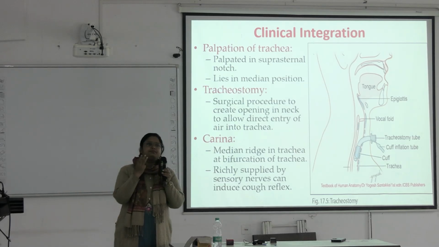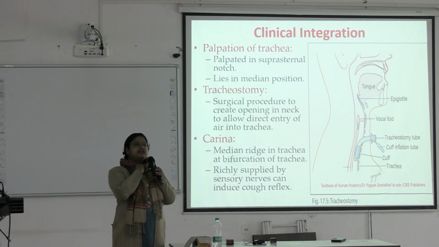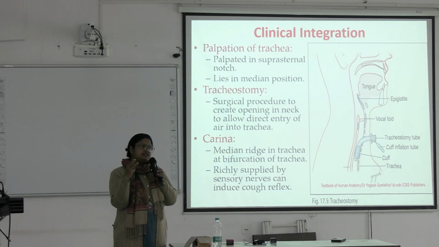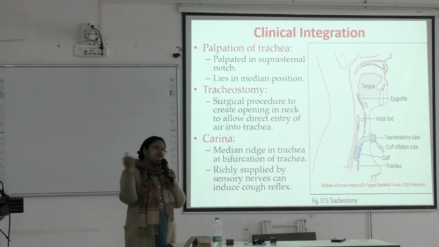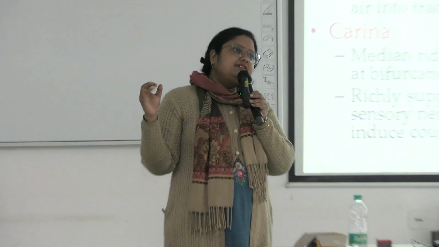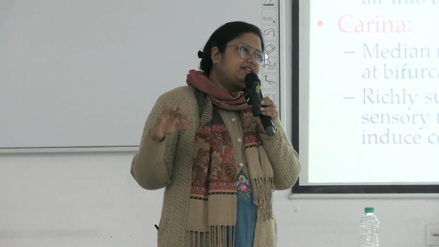With 3 fingers, we palpate it in the suprasternal notch. Middle finger is placed in the suprasternal notch, and on the 2 sides, we place these 2 fingers. If trachea is deflected to one side, it will be felt more on the side to which it belongs. Okay, if it is tilted to the right, the right finger will feel the trachea more, and the left finger will not feel the trachea.